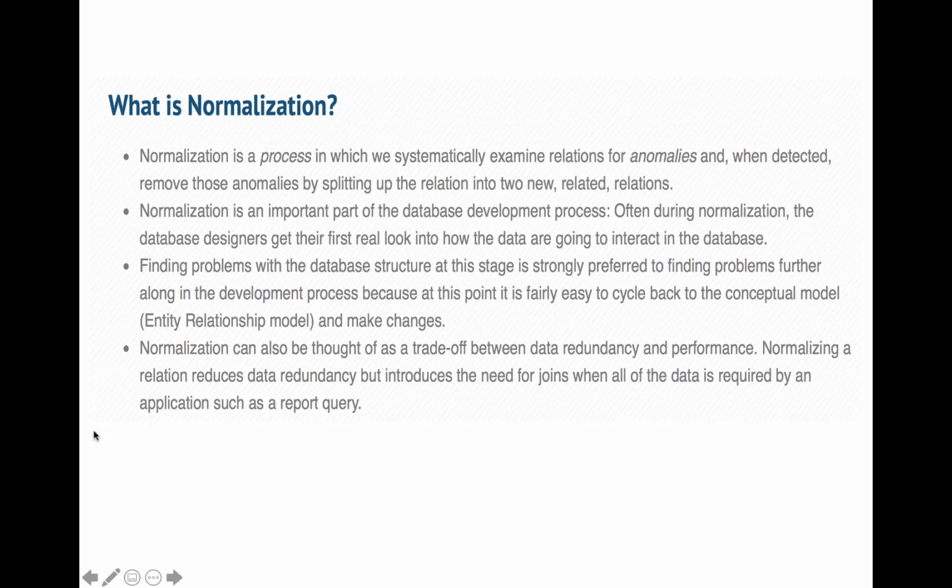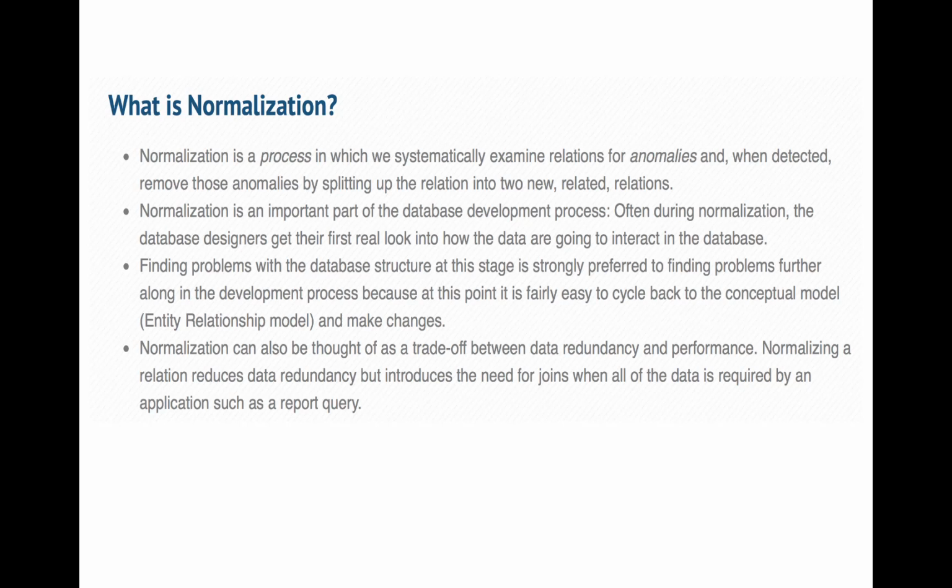Normalization can also cause a trade-off. There's a trade-off between data redundancy and performance. Either you have data redundancy, with a lot of data that's repeated, or you have to worry more about performance.